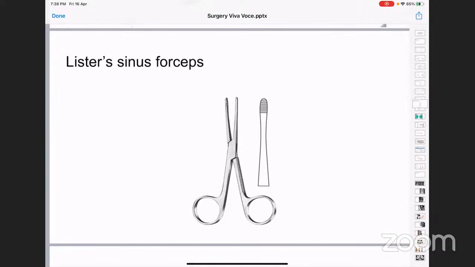To advance the gauze into the cavity, we use Lister sinus forceps. You can also use it to break any loculations once you have drained the abscess. If you answer this question correctly, you will be asked about the principle behind abscess drainage, the Hilton's method of draining an abscess.